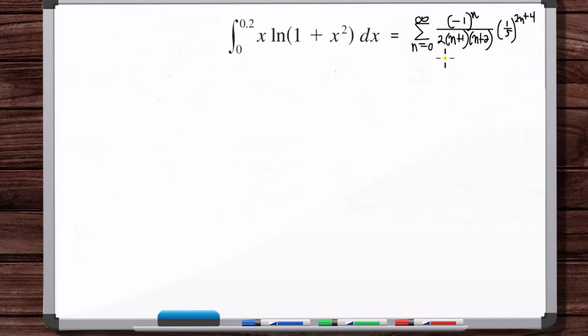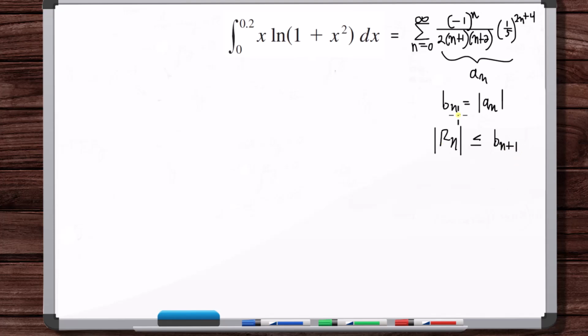So this is A sub n, and B sub n is the absolute value of A sub n. And then the absolute value of R sub n, because it's alternating, so this could be above or below the actual value, is going to be less than or equal to B sub n plus 1.